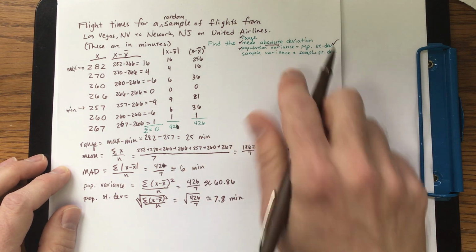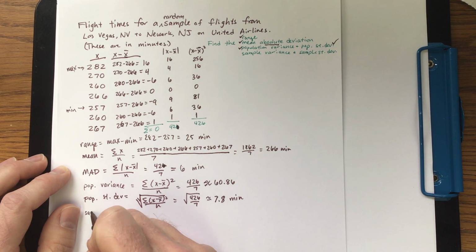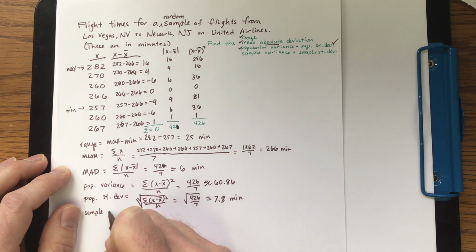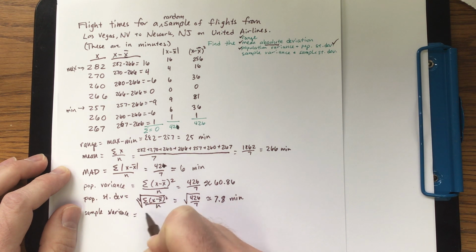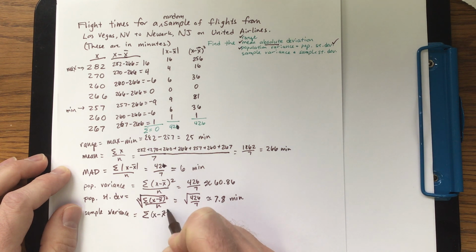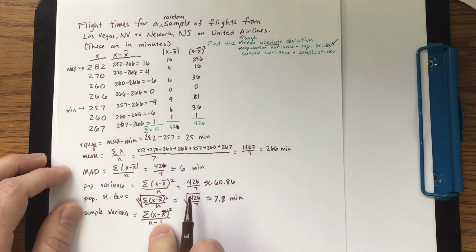For the last two, the sample variance and sample standard deviation, very similar to the population variance and population standard deviation. The difference is that I'm going to take the sum of the squared deviations, and instead of dividing by n, I'm going to divide by n minus 1.